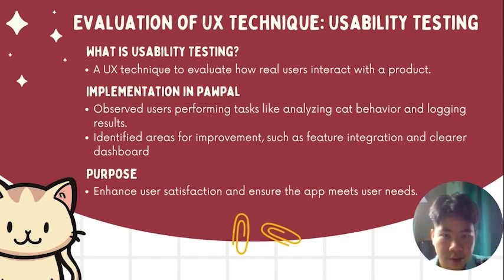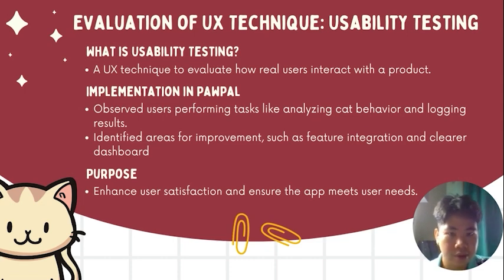It's a UX technique to evaluate how real users interact with a product, and its implementation in Popol offers users performing tasks like analyzing cat behavior and logging results, and also identifies areas for improvement such as feature integration and a clearer dashboard.